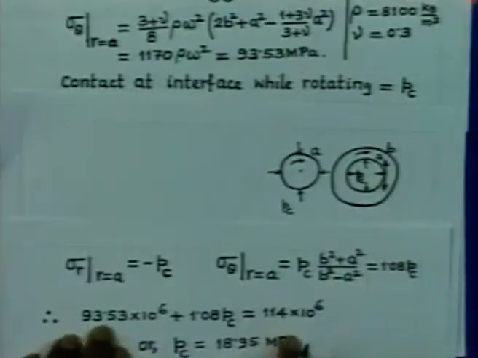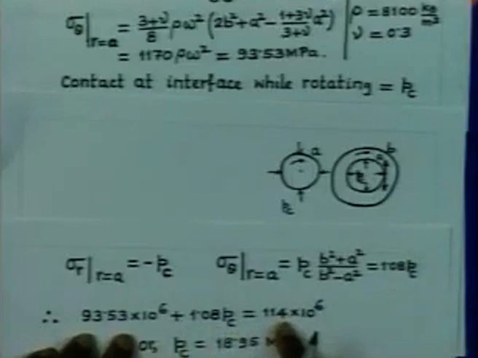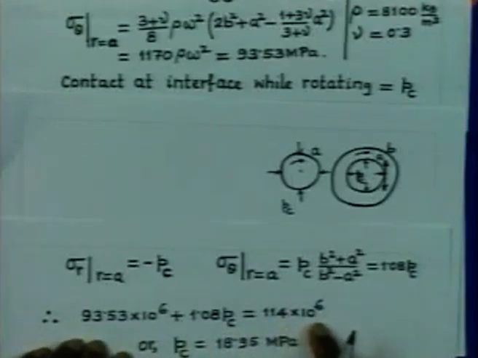Therefore, if we now consider the stress due to rotation is 93.53 MPa, that is nothing but 93.53 into 10 to the 6 Pascal, and this stress due to the pressure is 1.08 PC and that is given as 114 MPa or 114 into 10 to the 6 Pascal.